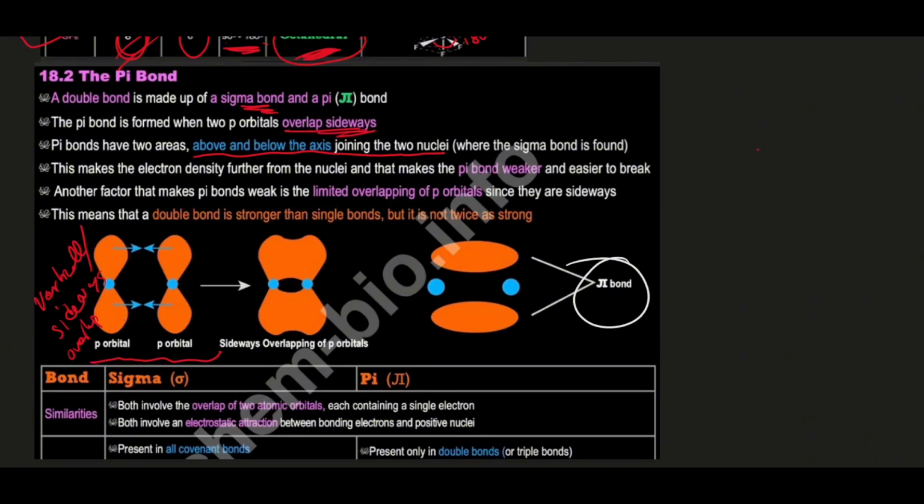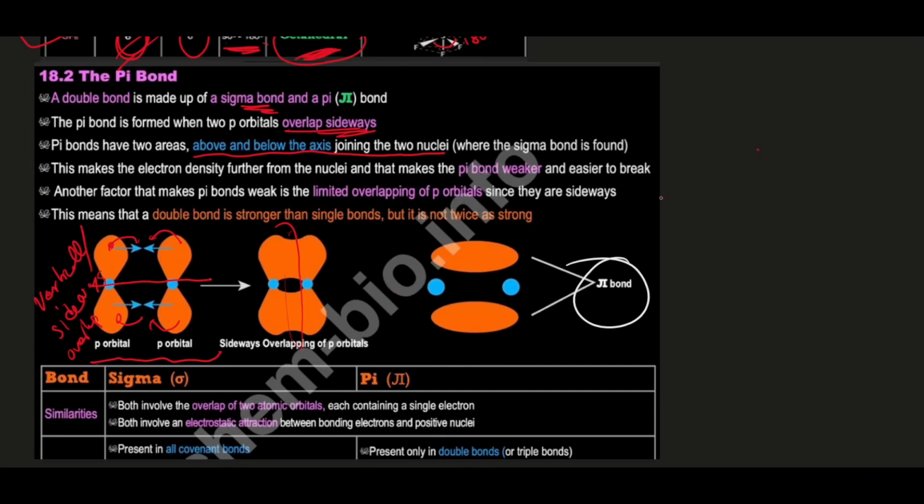So what happens is that the electrons present above and below the axis, this is the axis they're trying to say, come and get donated, and this results in the overlapping, and a pi bond is produced. Okay, so for instance, what example should I give?